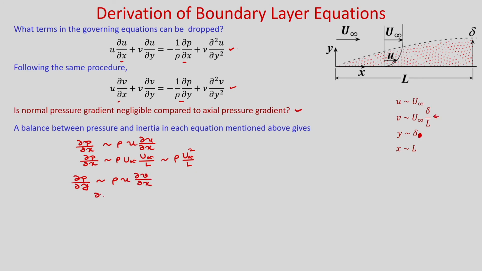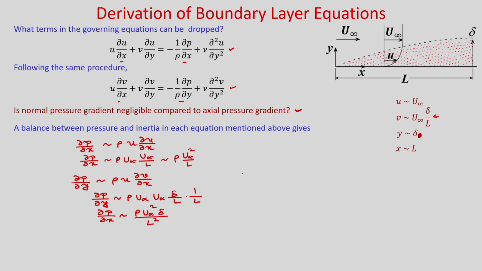Okay. So, del p by del y will be rho u infinity, and v is of the order of u infinity delta by L, so u infinity delta by L and 1 by L. Okay. So, del p by del y you can write as order of rho u infinity squared delta by L square.